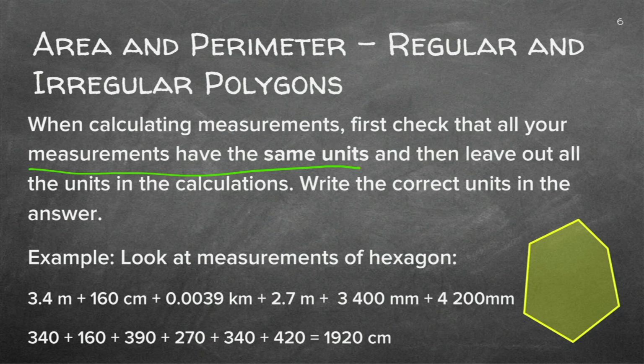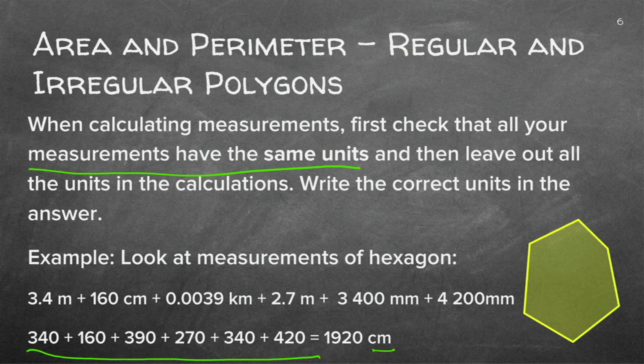If you look here, the first side is 3.4 meters, then there's 160 centimeters, then there's a unit in kilometers, then there's a unit in millimeters, and the answer they actually want in centimeters, okay? That's the one thing, make sure, and then if you add them up, if you change them all to the same unit, you don't write centimeters in between, you just must remember to write it at the end.